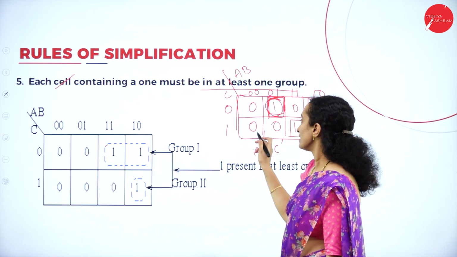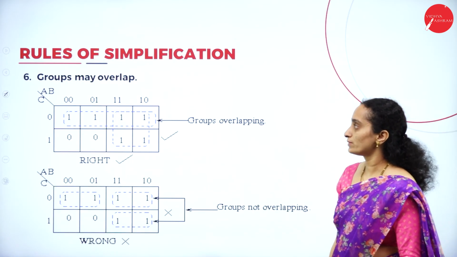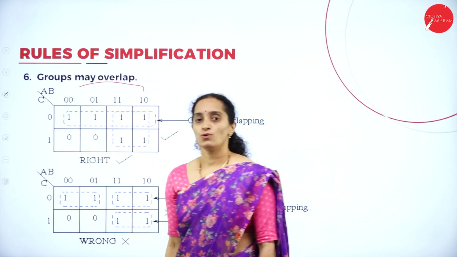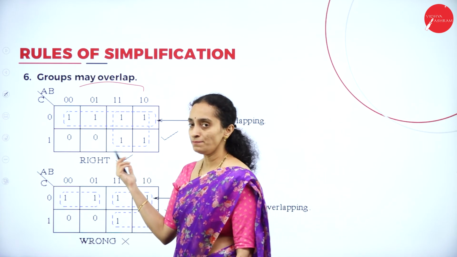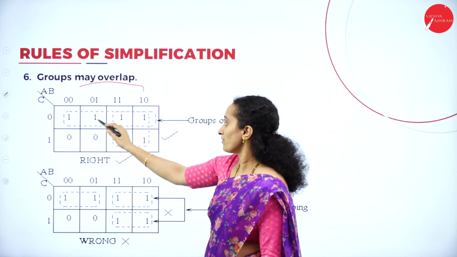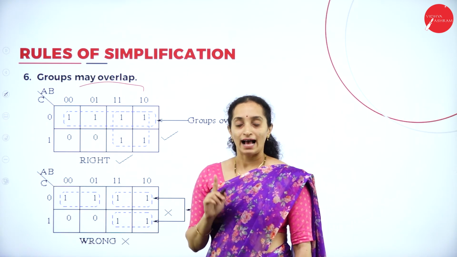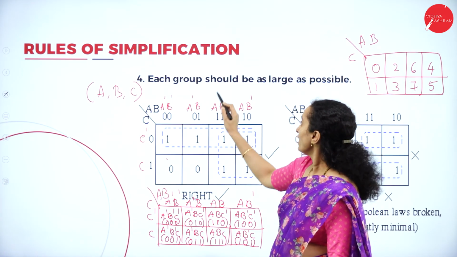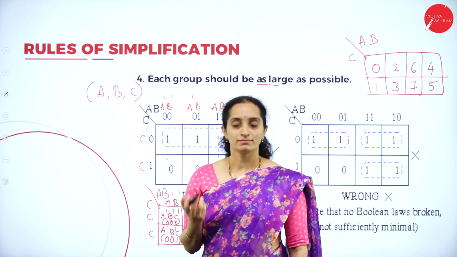Alright, this is another rule. What does the next rule say? Sixth rule, groups may overlap. You can have overlapping groups in a K-map. Suppose you have ones. Why this is given is, as we said in the previous rule, each group should be as large as possible.